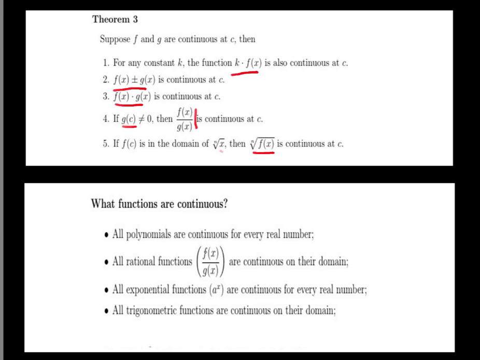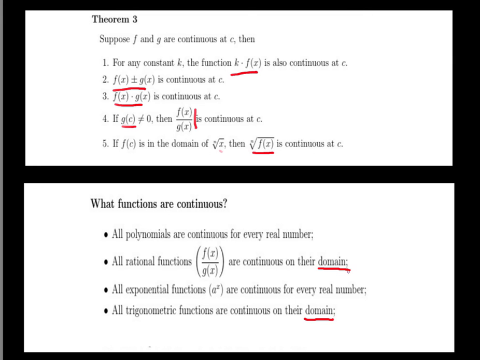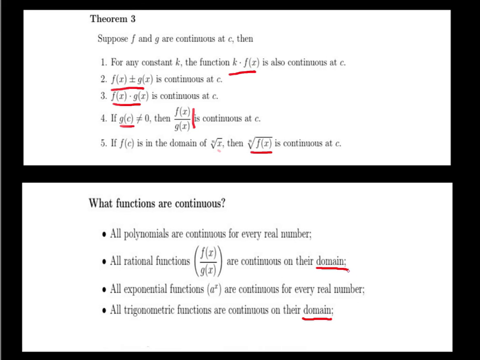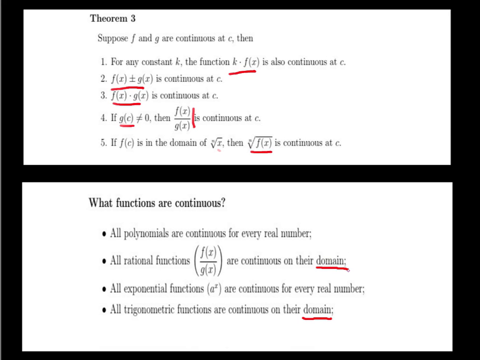All exponential functions are continuous, which by default gives us that their logarithms are continuous. All trigonometric functions are continuous, again on their domain. Once you leave the domain, the function isn't even defined, and if the function's not defined, then it can't be continuous.